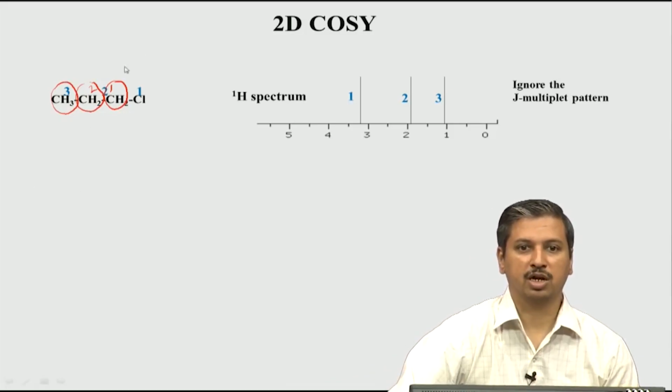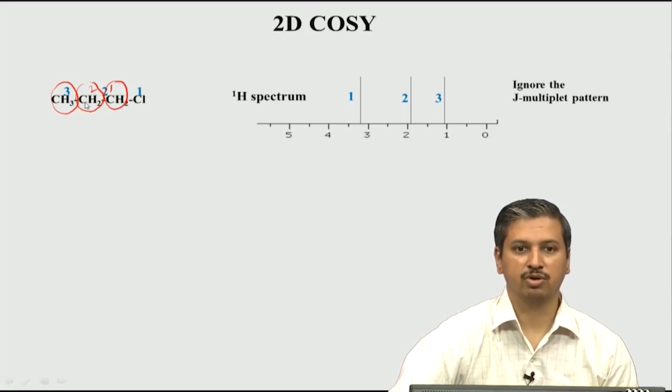So, when you record a 1D NMR spectrum of this, you will get something like this. Why is 1 here? Because it is downfield shifted, again because of the inductive effect. Then 2 is a little bit away and 3 is the last, because 3 is farthest from the carbon bearing chlorine. Therefore, it is least deshielded, so it comes here. So, this is fine.